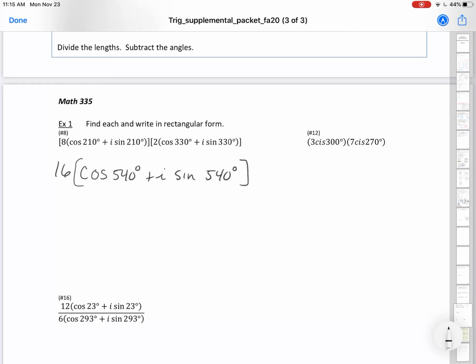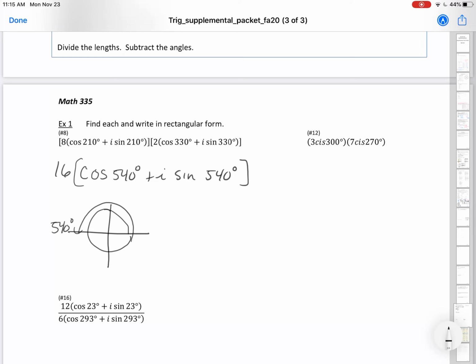So now where are we? We're back to chapter 1 where they're talking to us about angles, saying where's 540 degrees? Well, 360 plus 180. So here's 360. And then if you go 180 more, that's where 540 degrees is. So if we know the cosine of 180 and the sine of 180, we're done.